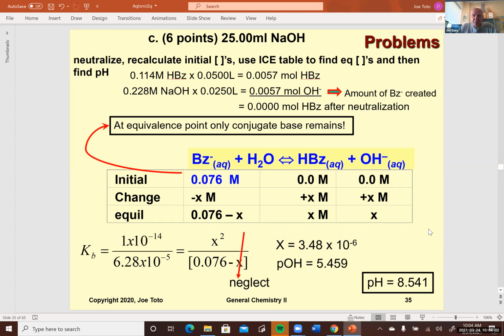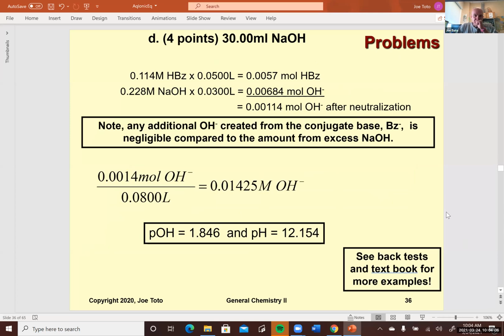All right, the last point is after equivalence. And I know it's after equivalence because at 30 mL, I see that the strong base gives me more moles than the weak acid that was there. Again, it's a Chem 200 problem to make salty water.